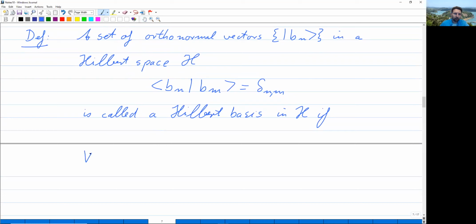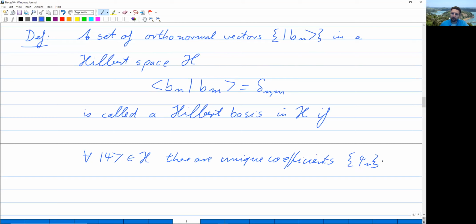So if for all psi in the Hilbert space, there are unique coefficients psi n, and these are complex numbers, so that psi can be written as a sum over all n of the psi n coefficients and the Bn basis vectors.